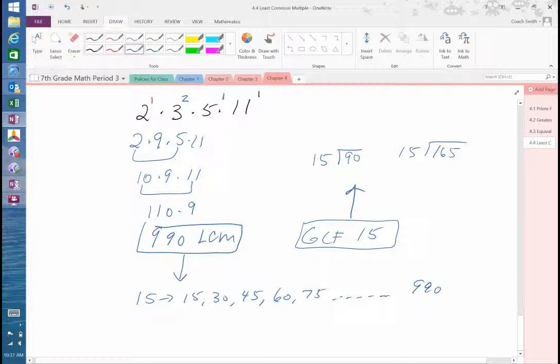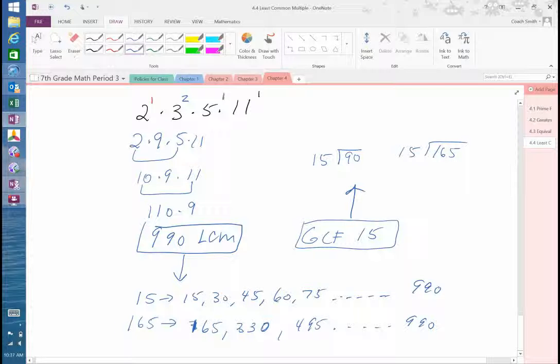With 165, you'd have 165, then you'd have 330, then you'd have 495, and that would be up to 990. Obviously, you wouldn't want to do that.